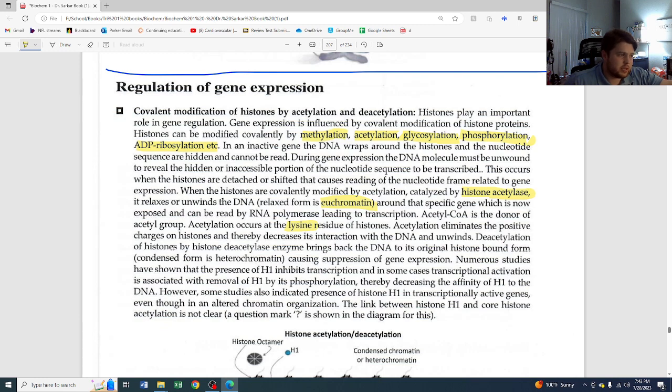Deacetylation of histones by histone deacetylase enzyme brings the DNA back to its original histone-bound form, so it condenses it to form heterochromatin. Euchromatin: relaxed, open. Heterochromatin: tight, condensed, which then again causes suppression of the gene expression.